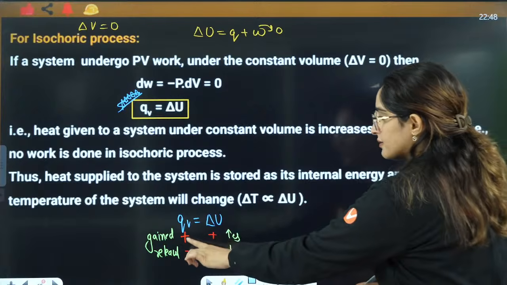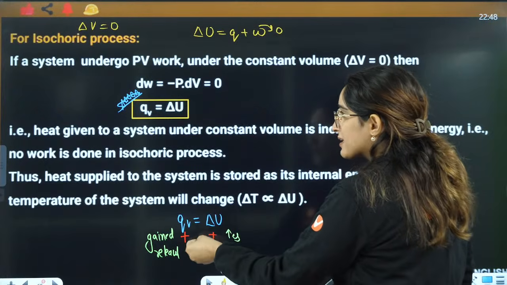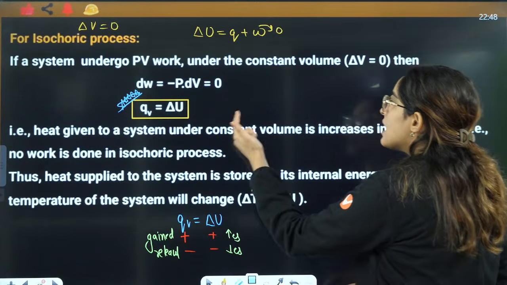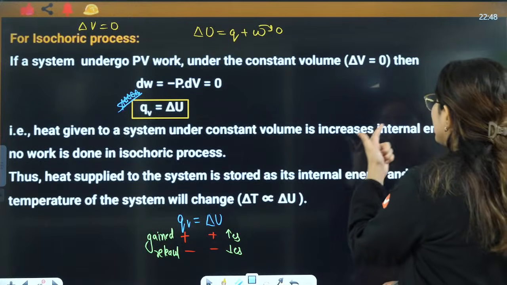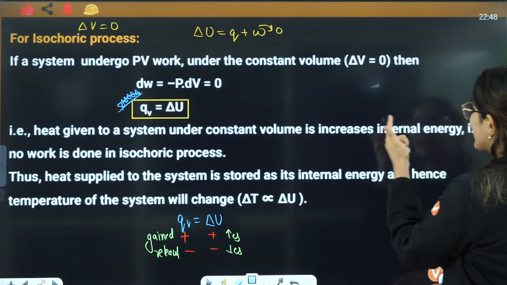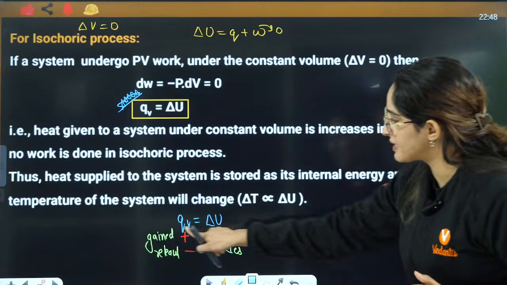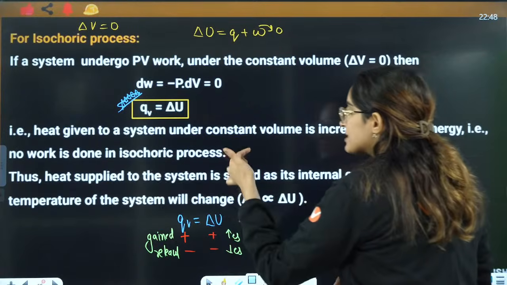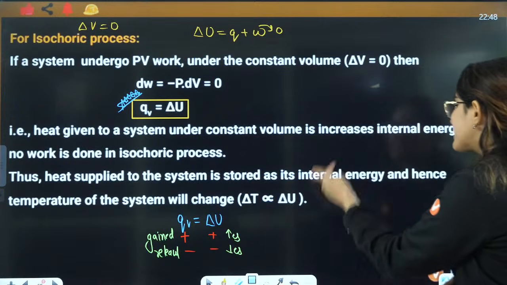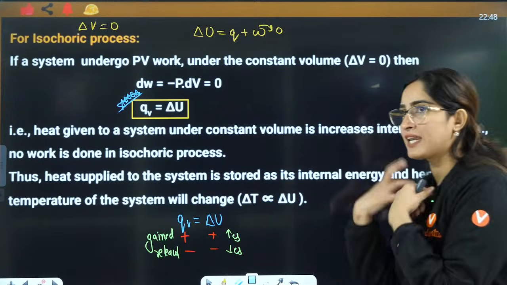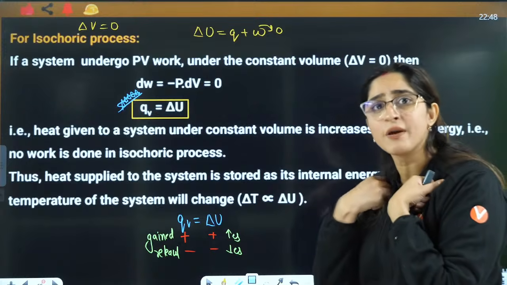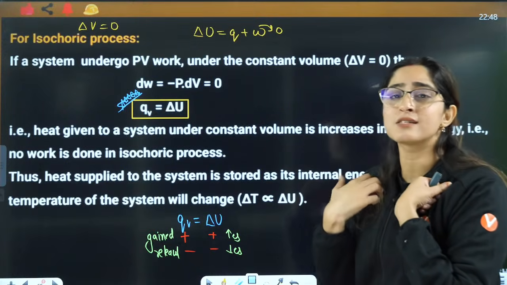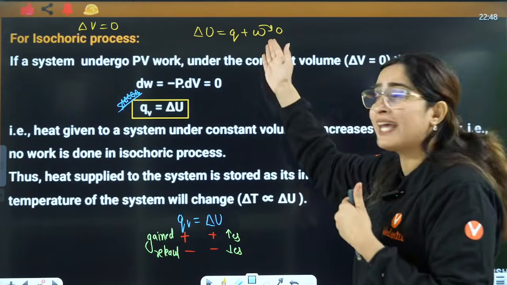Whenever heat is absorbed by the system, heat given to the system under constant volume is used in increasing the internal energy, because gain means internal energy will increase. Heat supplied to the system is stored as its internal energy. That means whenever you give heat to the system, it will remain in the system because the system is not doing any work.